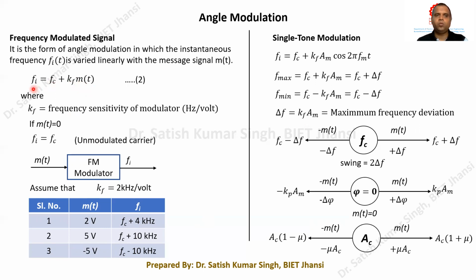The instantaneous frequency becomes fc plus 4 kilohertz. Similarly, if m(t) is 5 volts, the instantaneous carrier frequency will be fc plus 10 kilohertz.